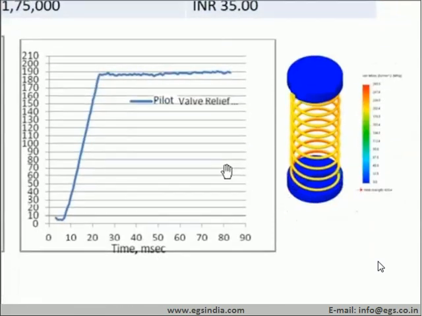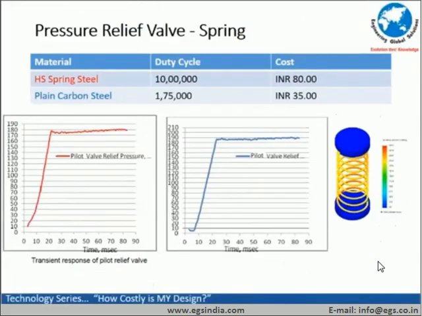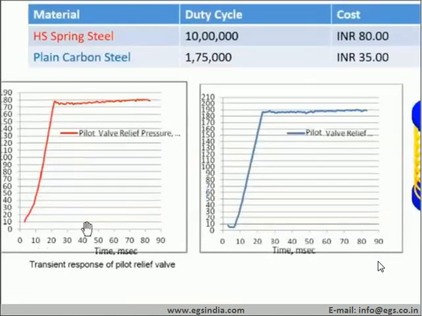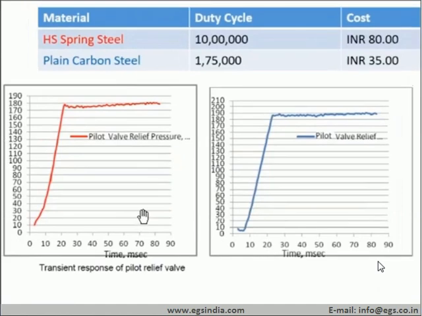So you can see from a cost point of view, the cost of the high strength spring steel is higher by more than 2 times. If you look at the characteristics of the pressure relief valve in terms of the pressure itself, you would see that because of the malleability of the steel used in your wire drawing process, the turn radius changes, the size of the wire used changes, and the coil turns need to be changed for reaching the same stiffness characteristics and response time.